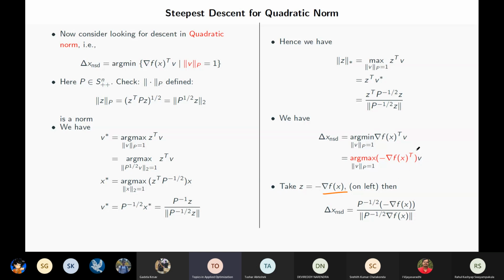So I am maximizing this, right? This is the result I'm going to use. This was the separate result that we did in view of proving this. So now we started here and then we moved to this guy. Here we used some arbitrary Z, but what our intention is to work with grad fx, right?